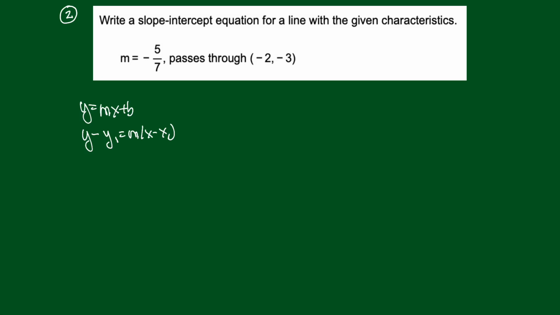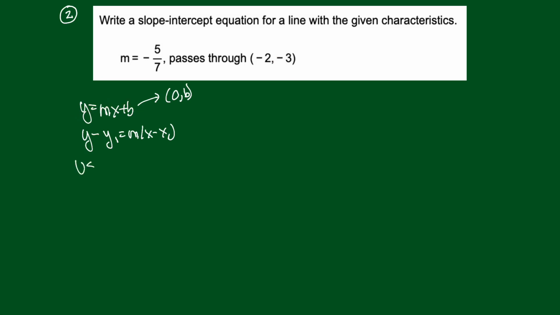Of course, I would like to use this form here because all I have to do is substitute m, which I have, and b, which I don't have. b, remember, is the y-intercept, and the y-intercept always has this form right here. The first component is 0, and up here, our first component is not 0, so this is not where the line crosses the y-axis. So as soon as I don't have this, I'm going to go to this.